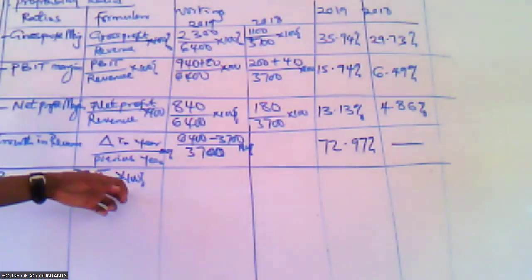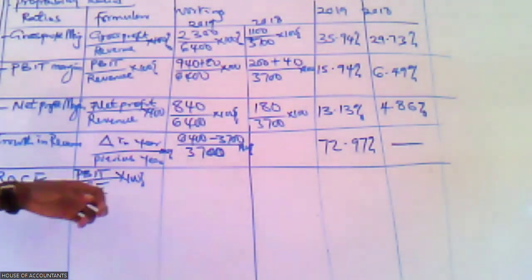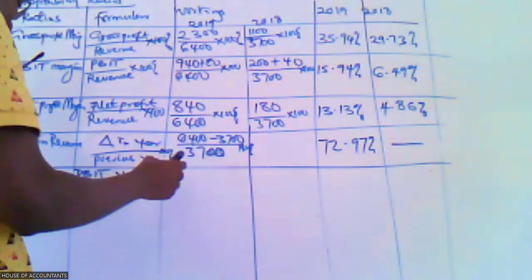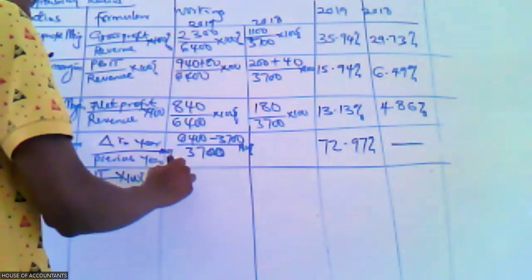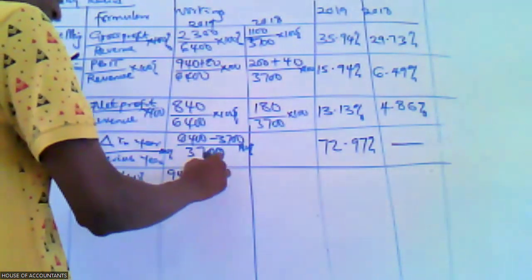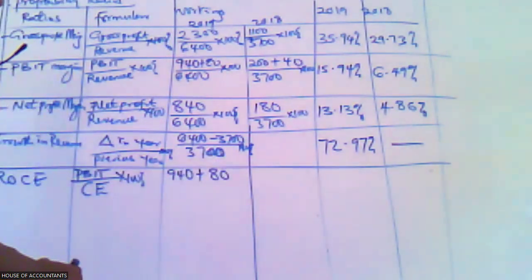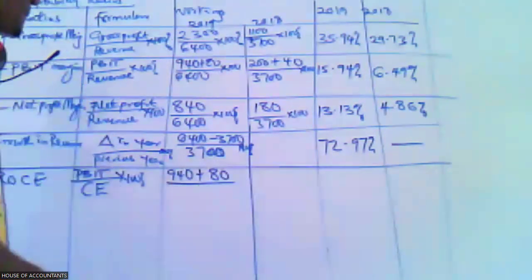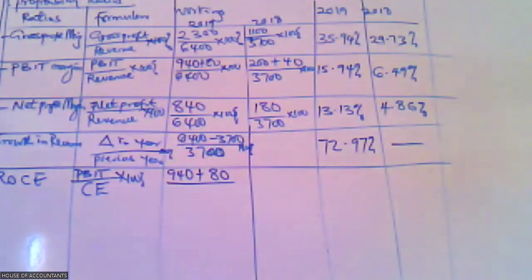What is our PBIT? Our PBIT is this, over what? What's our capital employed? How do we get 174? Thank you for asking that.